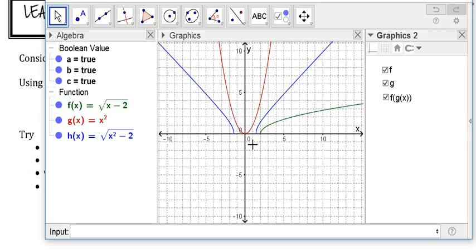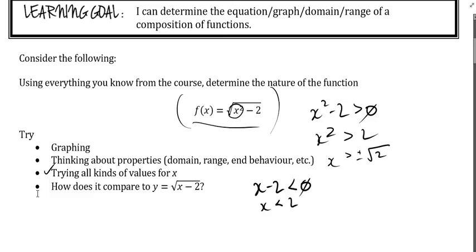When I look at this, I can think about the nature of x squared and what it's like, and then think about the nature of the square root of x minus 2 and what it's like. And I have to combine the nature of those two in an interesting and unique way to understand what my new graph is like. The most important thing about this exercise is thinking about domain.